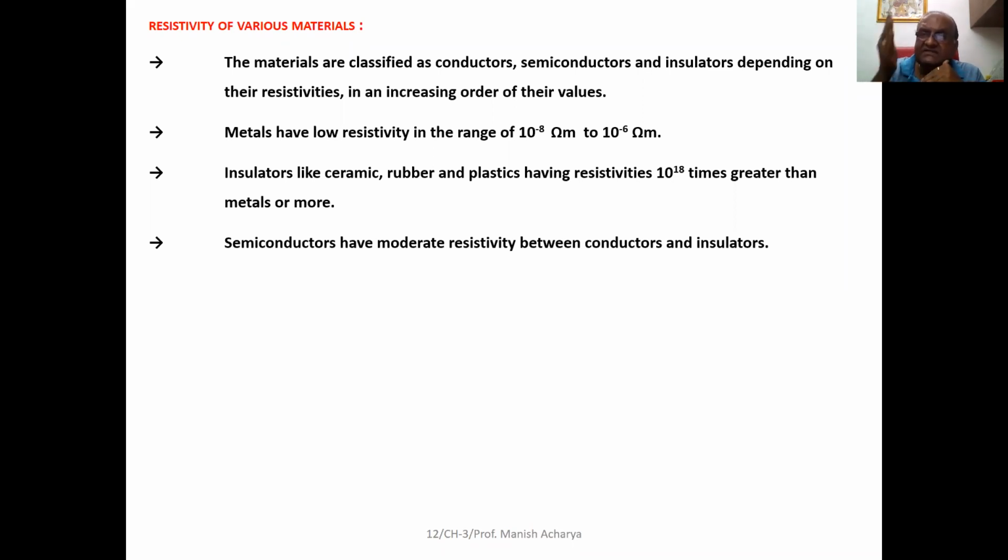But the resistivity of semiconductors is less than that of insulators. That is, the resistivity of semiconductors lies between the resistivities of conductors and insulators. Clear to all of you, beta?